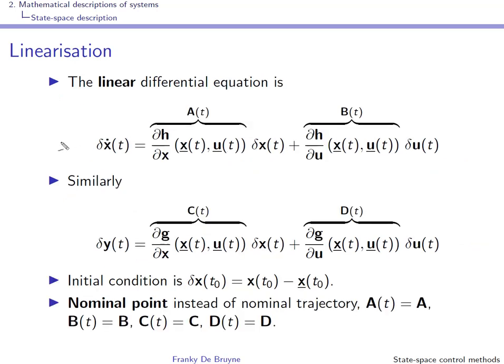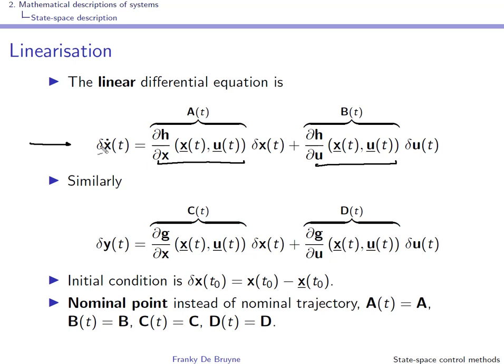So you recognize the equation that we have found in the previous slide, and it's a linear state space description of the variation around the nominal trajectory. We had seen that this quantity here is a matrix, and we can call it A of t. Similarly, you can see that this is also a matrix, and we'll call it B of t to be consistent with earlier notation. So this is really a linear state space description of the variation around the nominal trajectory.